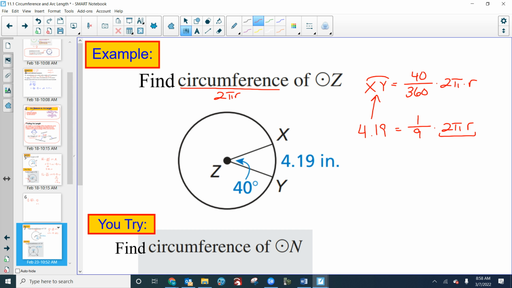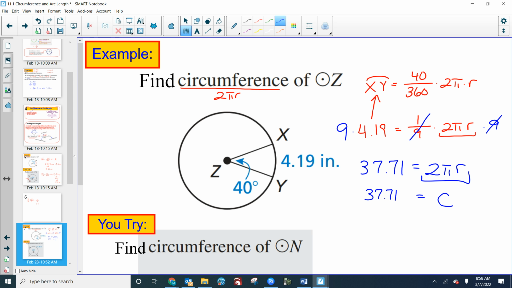All right, so I should multiply both sides by 9. So 4.19 times 9, 37.71 equals 2 pi r, which is the circumference. 37.71 inches.